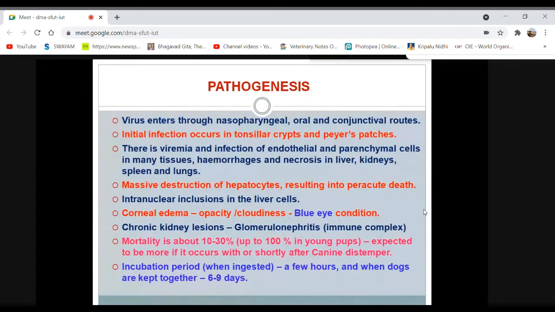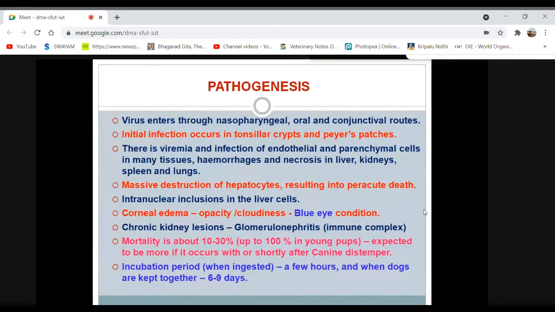Mortality is 10 to 30%, or it may even come up to 10% in young puppies, and is expected to be more when it occurs with or shortly after canine distemper.